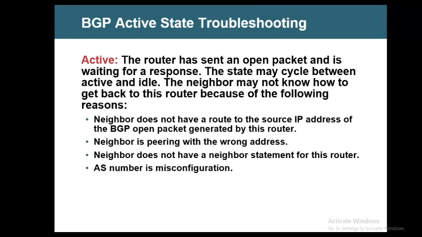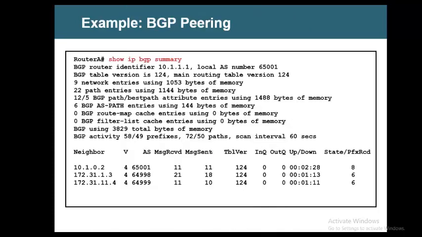See here, it shows the reasons why we see active. The neighbor does not have a route to the source IP, or you're pairing with the wrong address, or there is no neighbor statement configured, or the AS number is misconfigured. So active is not good. When your neighbor is established, you should see some number here.